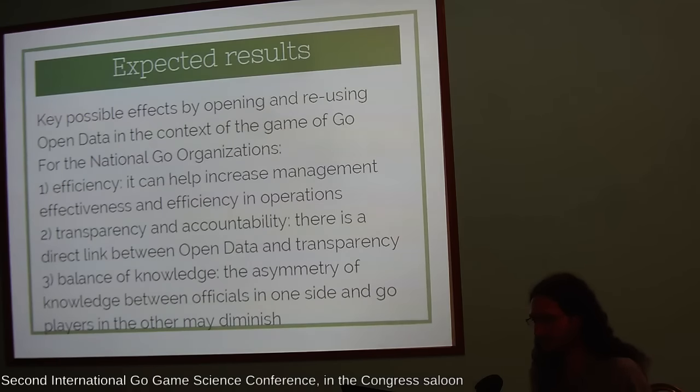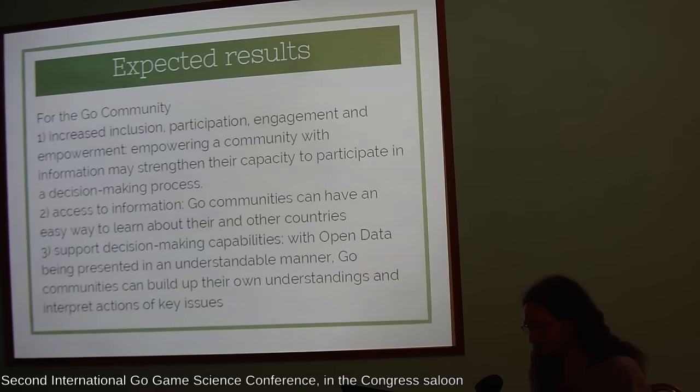So for the national Go organization, efficiency, transparency, and accountability, probably this is most important. I will go fast here. For the Go community, the more data, more information the community can access, the more they can participate, understand decisions. So this is important.